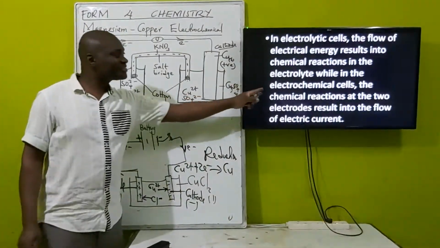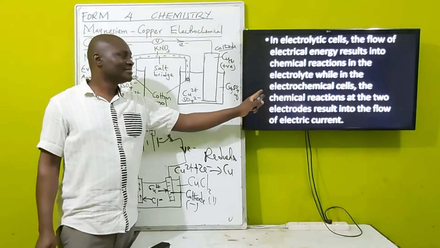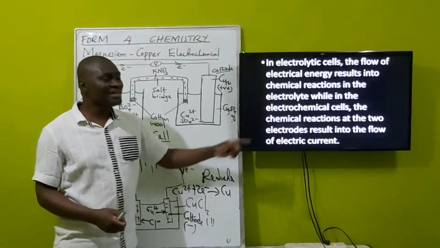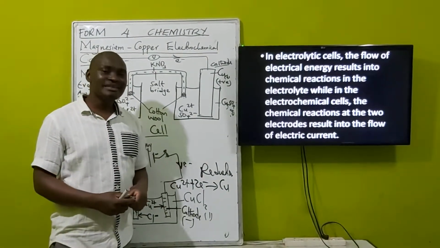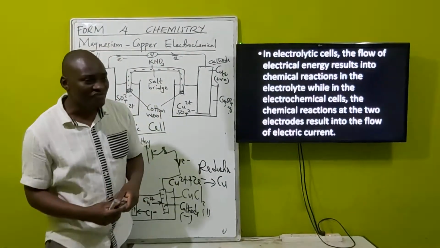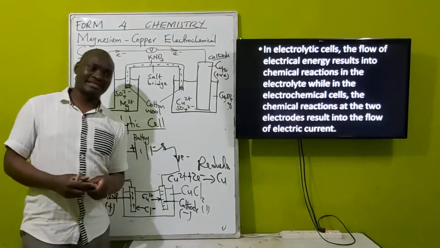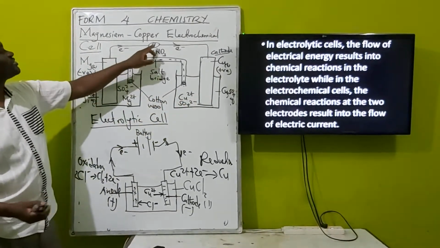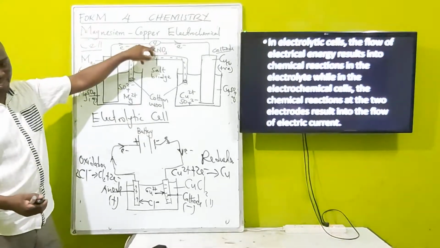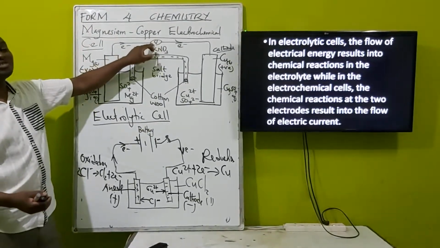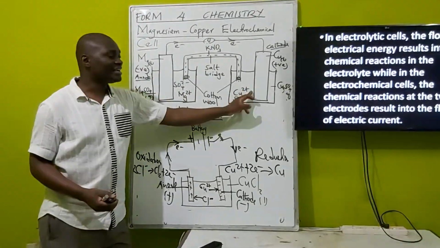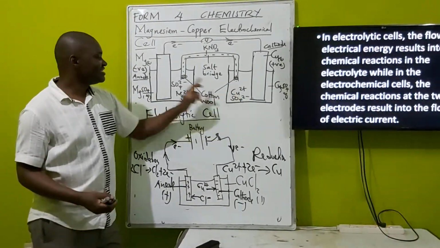While in the electrochemical cells, the chemical reactions at the two electrodes result in the flow of electric current. So here, for any voltage to be recorded, reactions must take place at the two half cells.